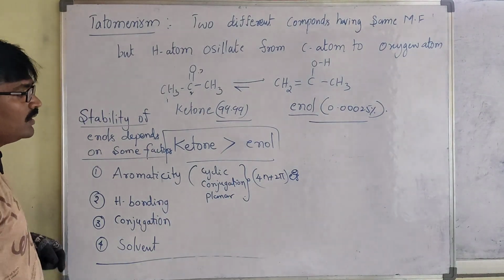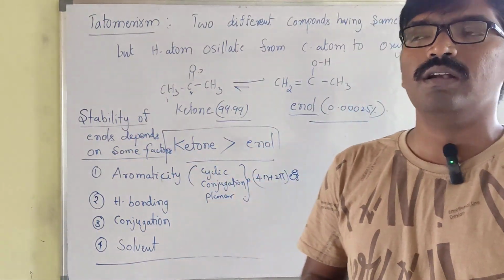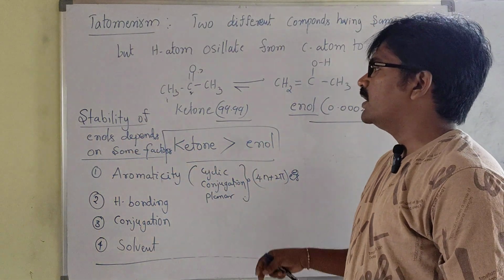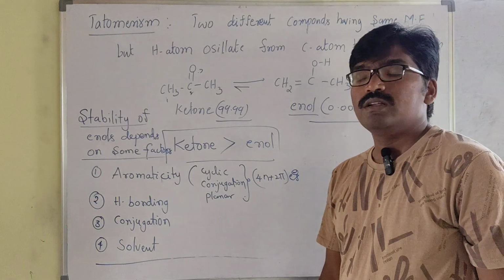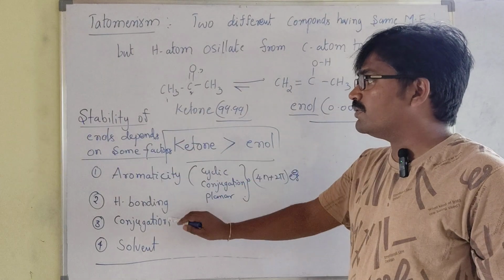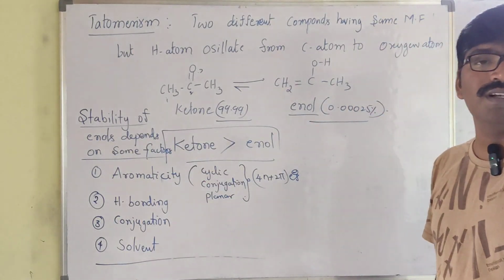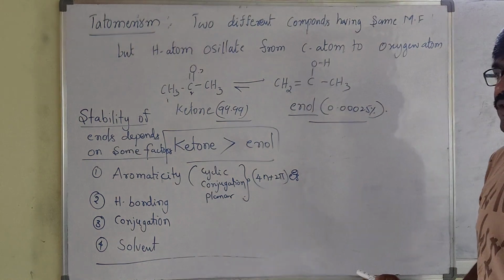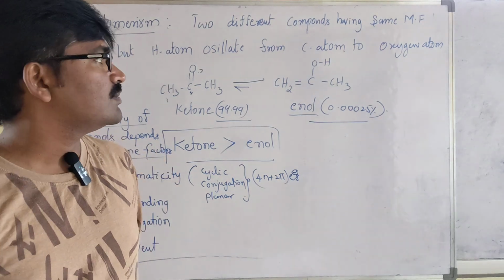That means enol content formation depends on which solvent the molecule is in. Whatever it may be, these are the most important ones. These factors affect the stability of enols. Now we will discuss some compounds, which has greater enol content formation.